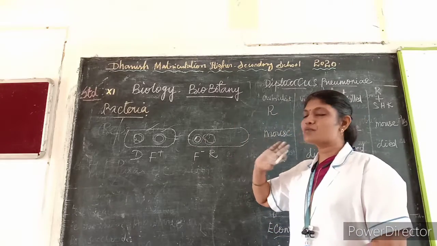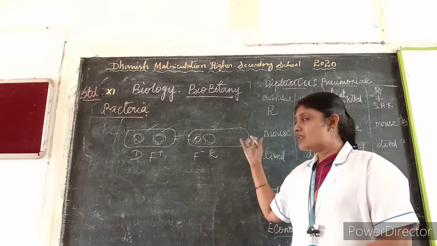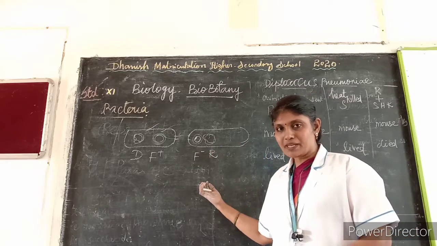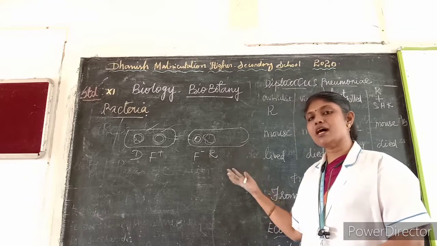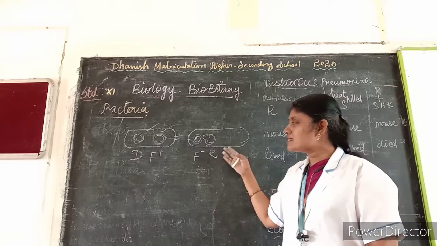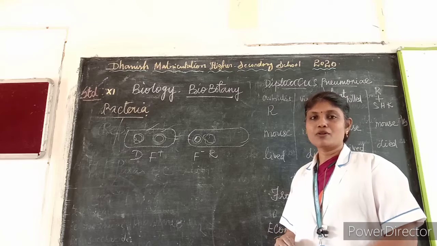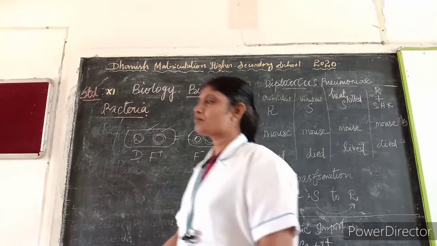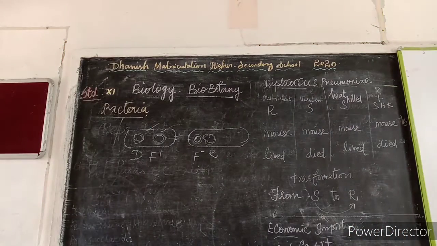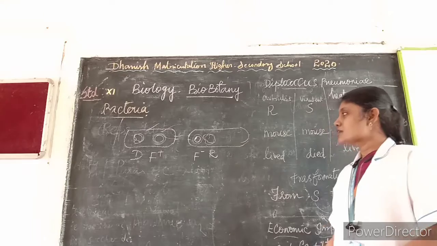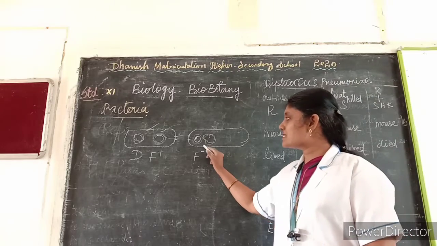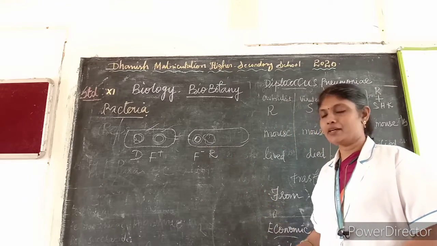Before, those characters would not be expressed by them. Now, after receiving the plasmid, the genetic material present in the plasmid will start expressing, and a new bacterial cell is made.